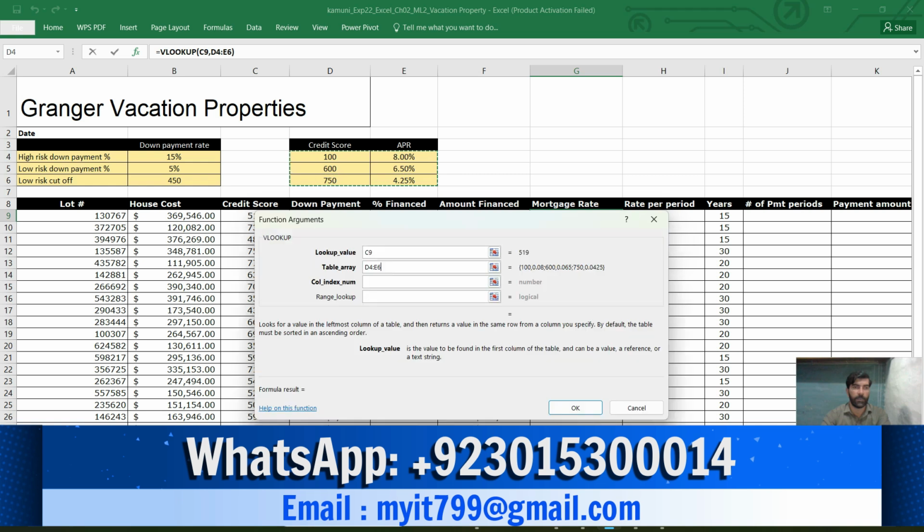This is the table array, and the column index, as you see here, is 2, so I place 2 here. This all should be in reference values, so I make it a reference.